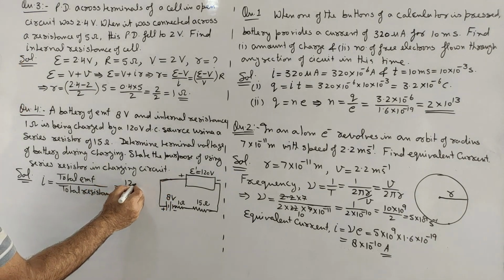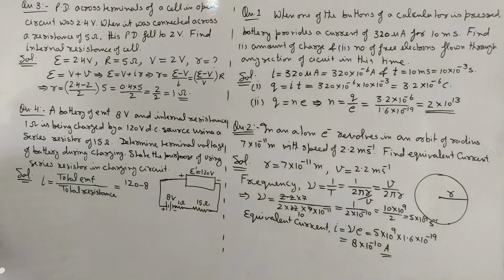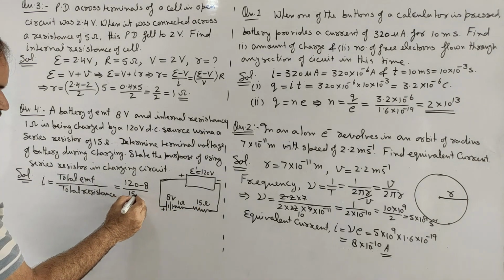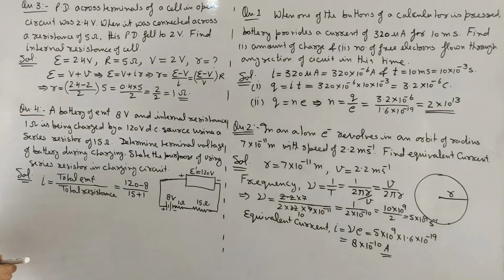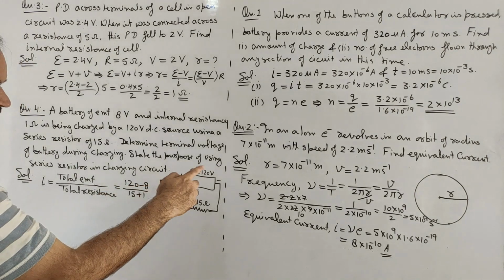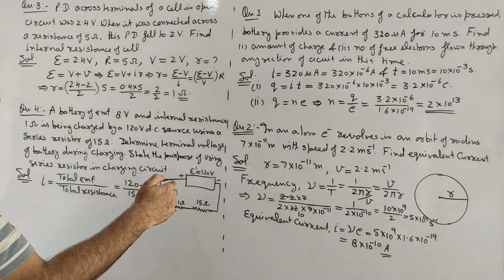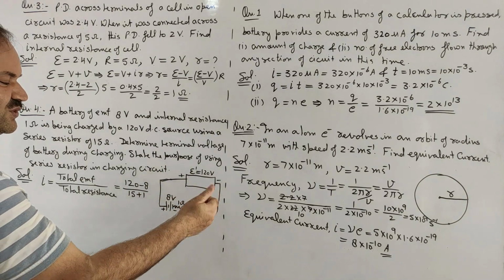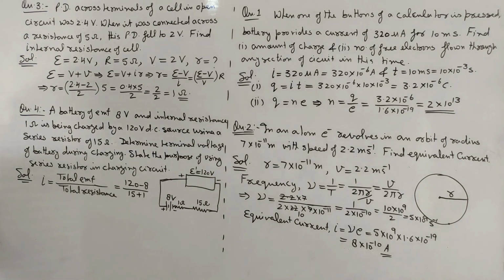So 120 minus 8, divided by total resistance 1 plus 15. While we study Kirchhoff's laws, we will come to know how to take the direction of EMF. Direction of EMF is always taken as positive from negative to positive terminal. This gives I equal to 120 minus 8, that is 112, divided by 16, that is 7 ampere.